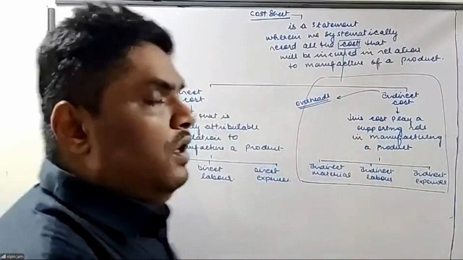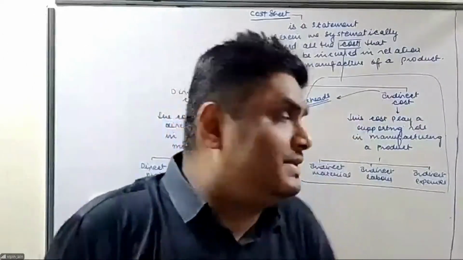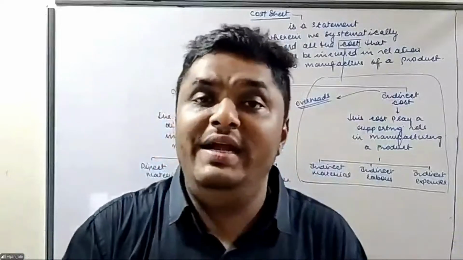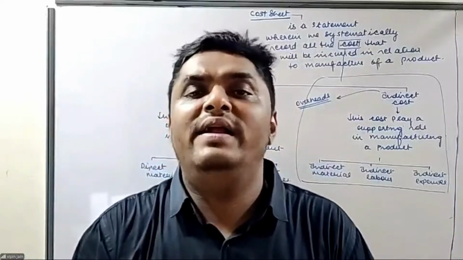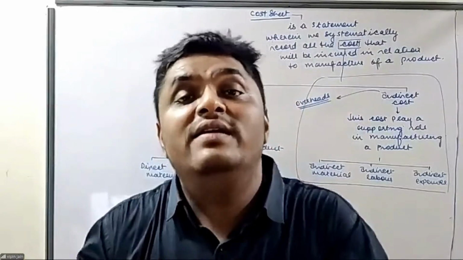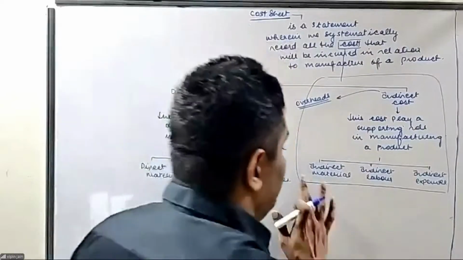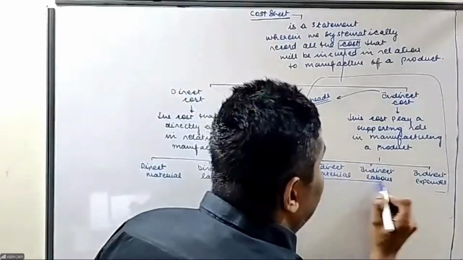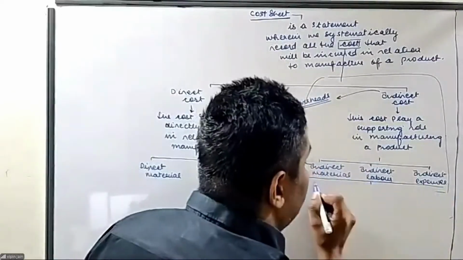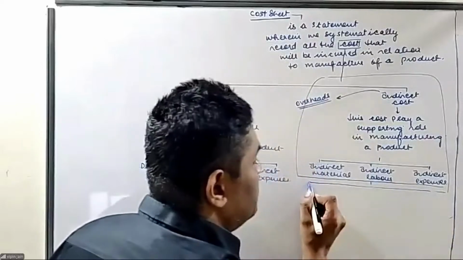Now these overheads, that is indirect material, indirect labor, and indirect expenses, are further incurred at 3 stages.